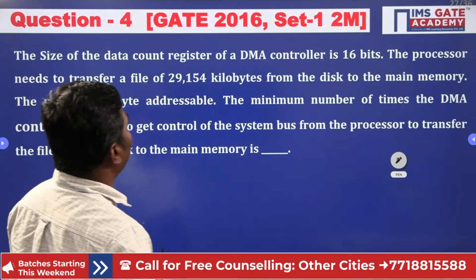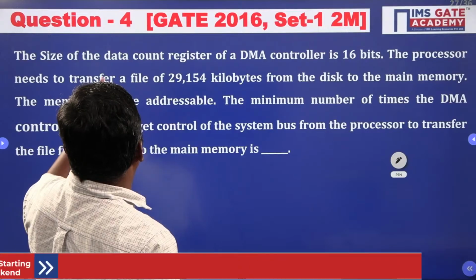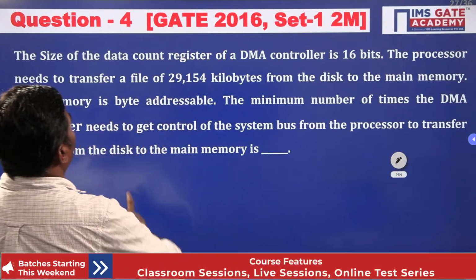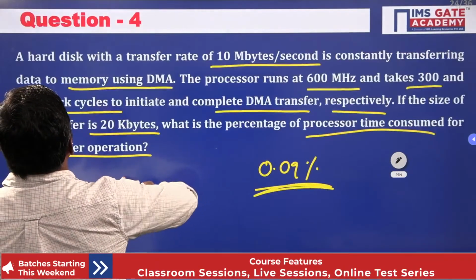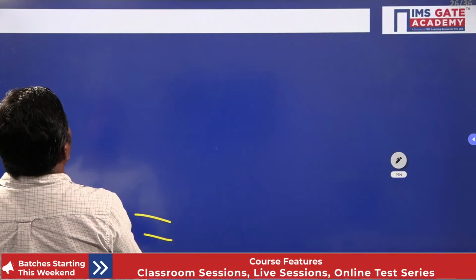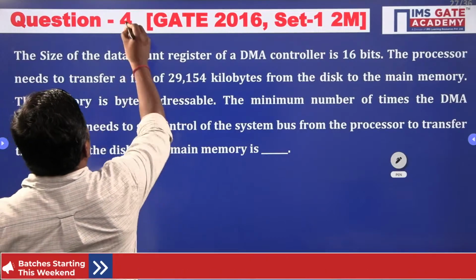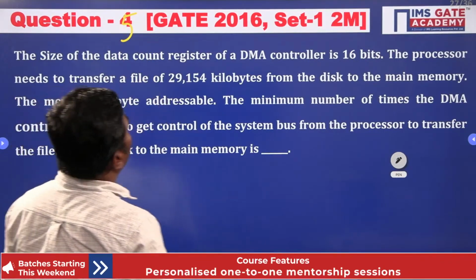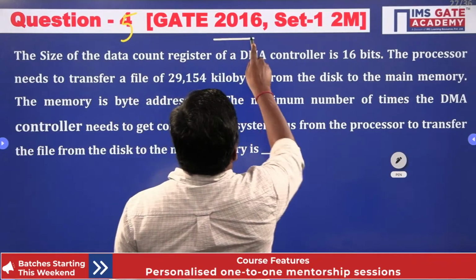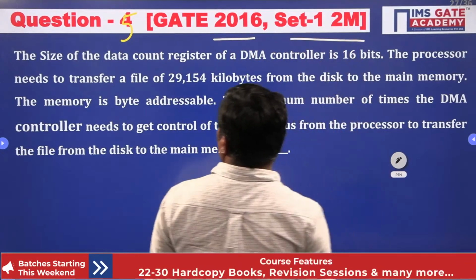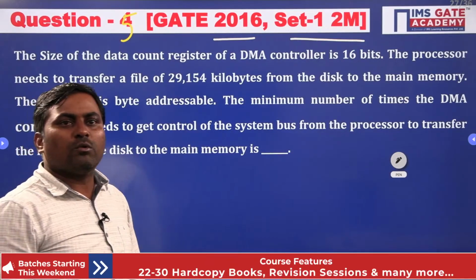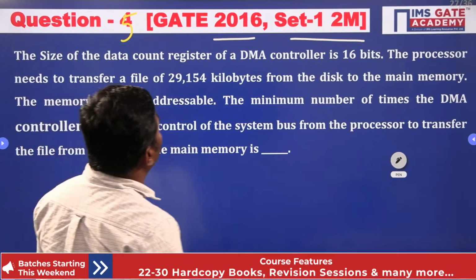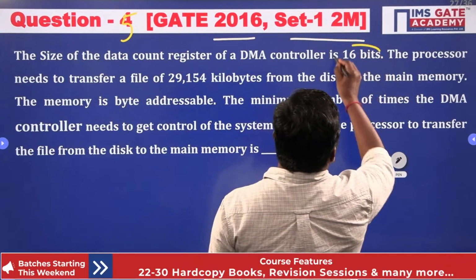Look at this question. This question was asked in GATE 2016, set number 1 for 2 marks. This was question number 4, so this is question number 5. What the question says, you see: the size of the data count register of the DMA controller is 16 bits.